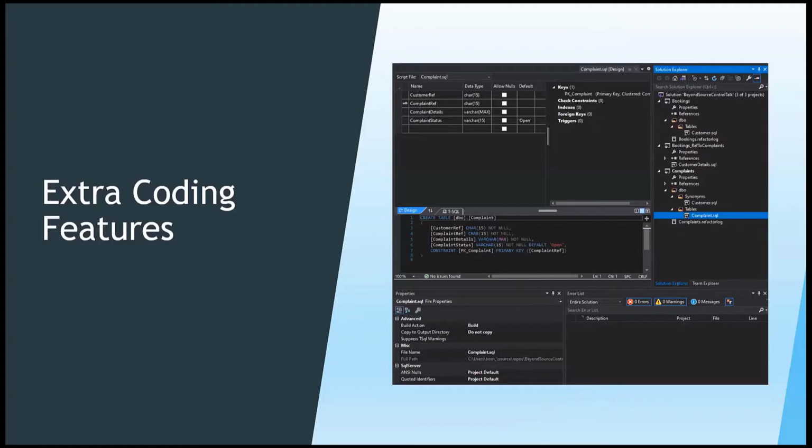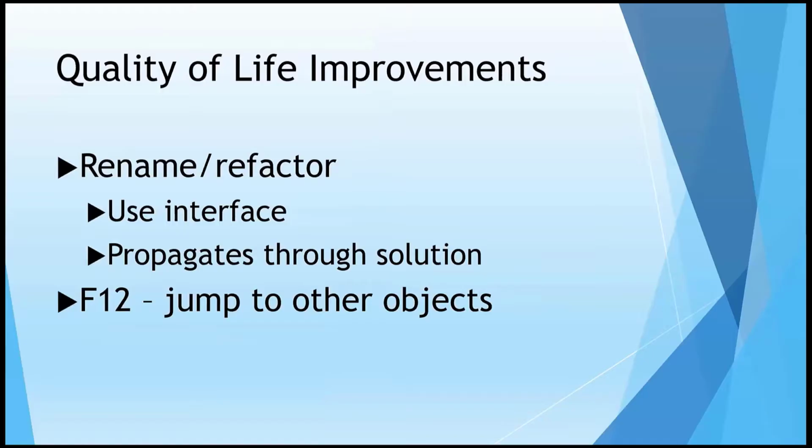Next section, we're going to take a little look at some of the nice stuff in Visual Studio that helps you out with your coding. And the first bit is a few little quality of life improvements. So we're coming back to always use the interface for renames and refactors.